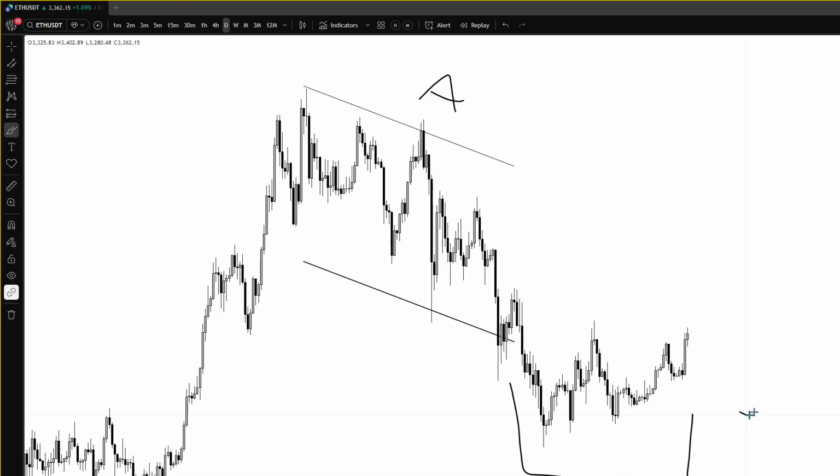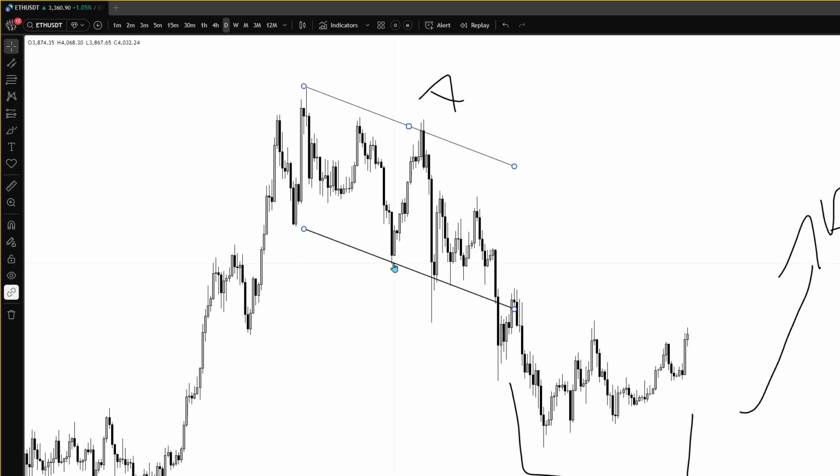Manipulation, distribution. Because remember, the manipulation is the retracement. But yeah, I can make it even a little bit tighter. It's kind of the same thing for ETH.